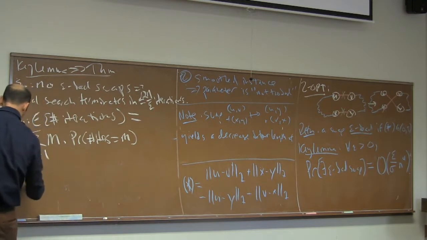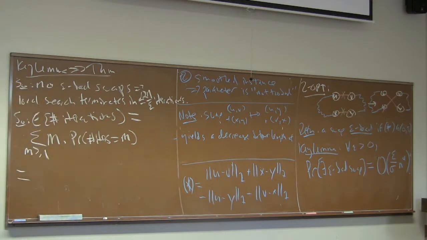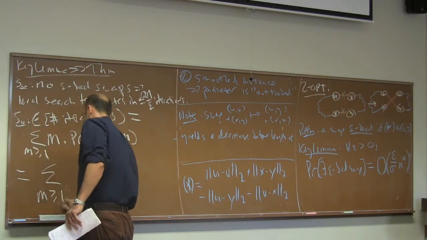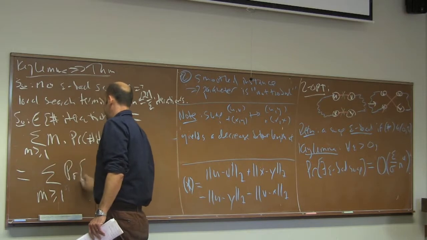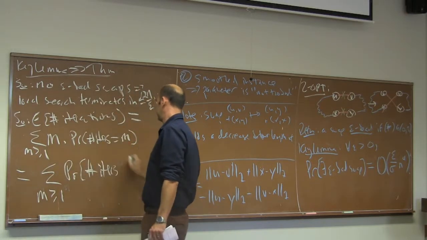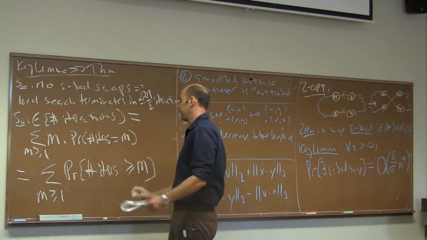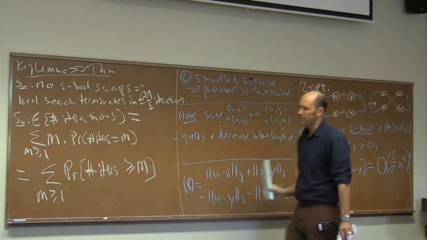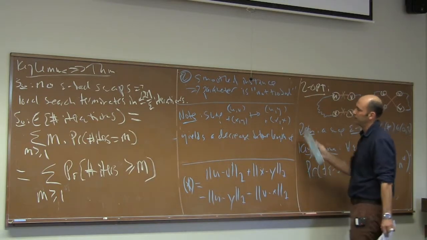Actually, let me rewrite this. M is a non-negative integer valued variable, so another way I can write this sum is to sum up all of the probabilities that the random variable is at least something. The only thing I'm using here is that the random variable is non-negative and integer valued.